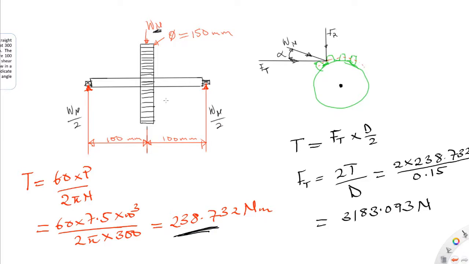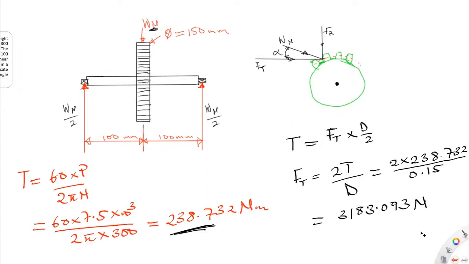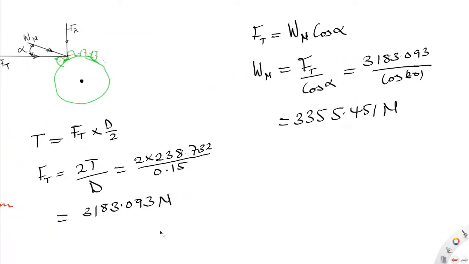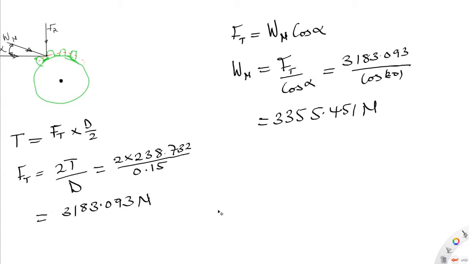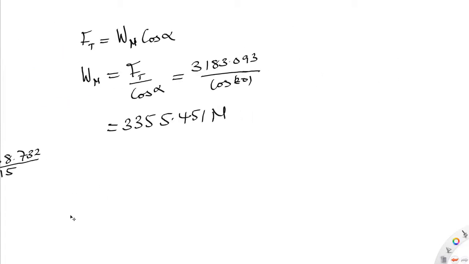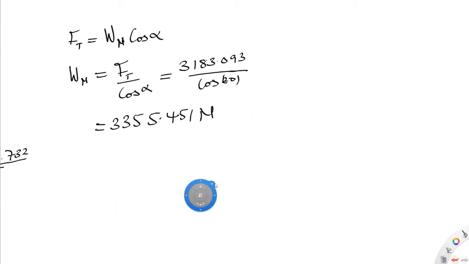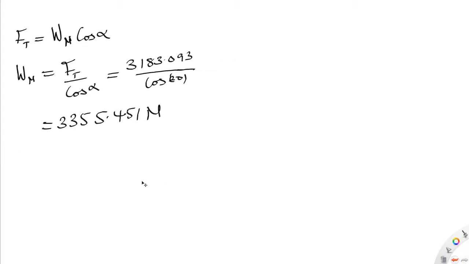And if that is the case, then we can determine the maximum bending moment. You should note that the maximum bending moment is what we use in determining the size of the shaft.